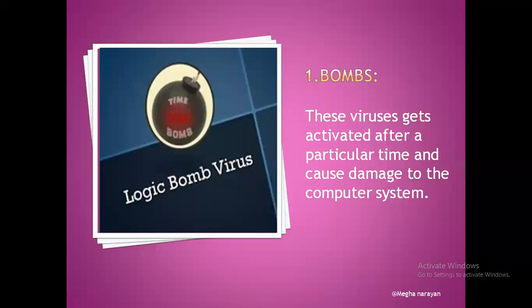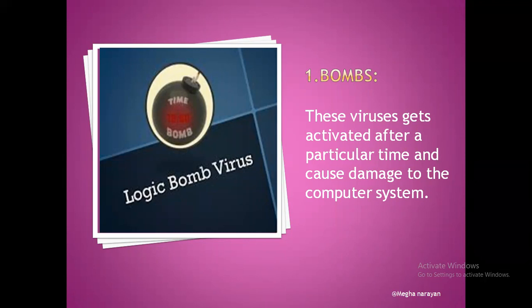Starting with the first one, just learn the name, and the name itself is capable of narrating the entire story. Bomb is one sort of virus that gets activated after a particular point of time. Just like the bombs you have seen in movies, bombs used to have a trigger, a timer with them.